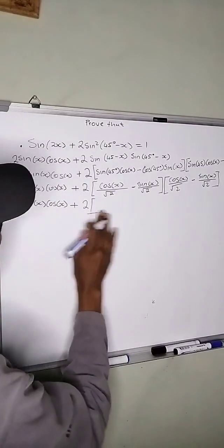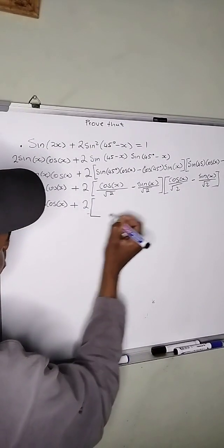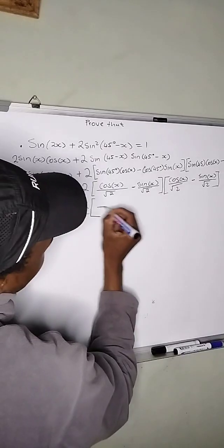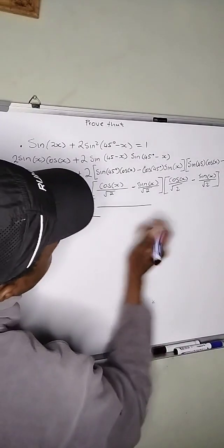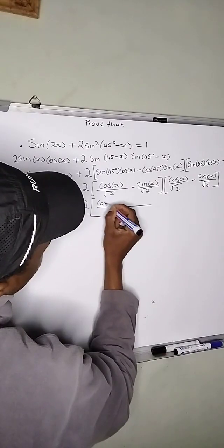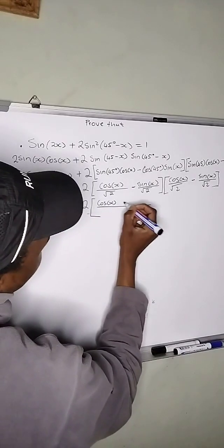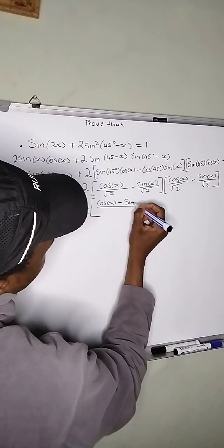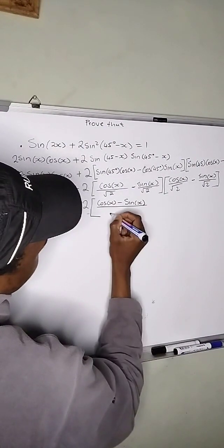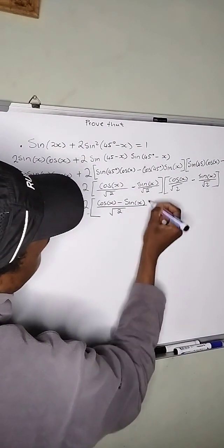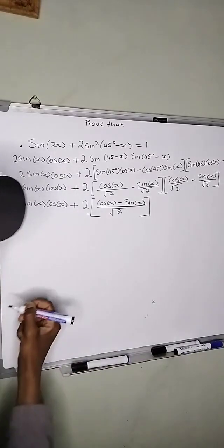Okay, let me just do this and have that: cos x minus sine x divided by 2, right?